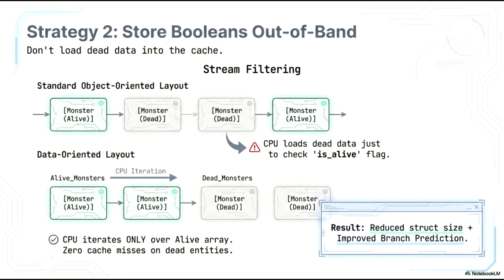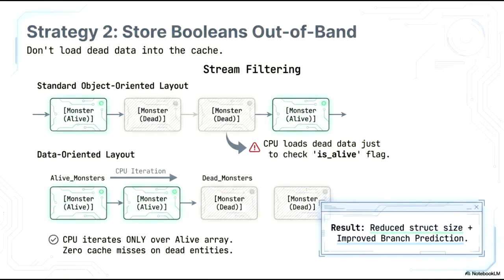Strategy 2 focuses on storing Booleans out of band to ensure we do not load dead data into the cache during processing. In a standard object-oriented layout, active and inactive entities are often interleaved. This creates a bottleneck because the CPU must load the entire object into the cache simply to check an is-alive flag. When an entity is dead, that cache space and bandwidth are effectively wasted.